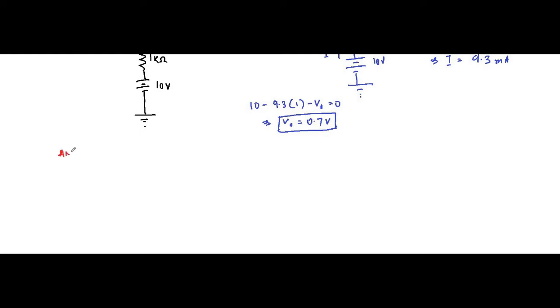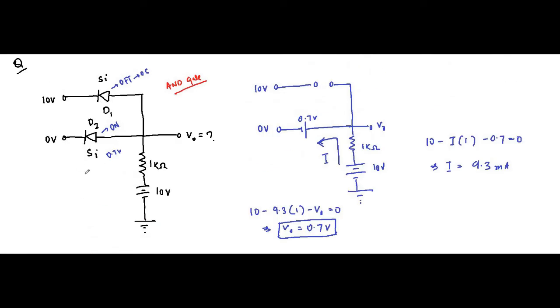For the AND gate truth table, the inputs, let's say x1, x2, and the output: 0 0 0, 0 1 0, 1 0 0, 1 1 1. In all the cases it is 0 and only in this case it is 1. So how can it be done using this circuit?